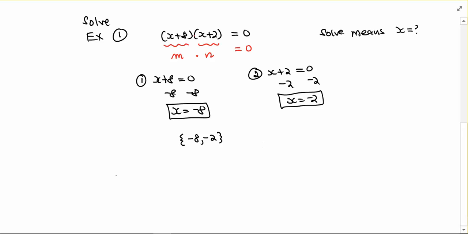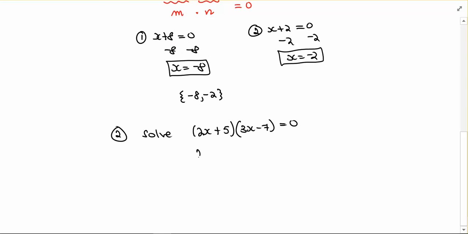So let's do another one and use the zero factor property. And this time we'll say we have to solve 2x plus 5 times 3x minus 7 equal to 0. So this time we have 2x plus 5 equals to 0, or, from the zero factor property, 3x minus 7 equals to 0.